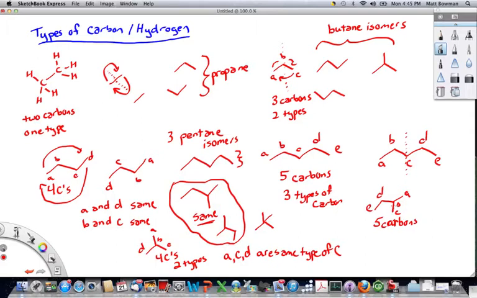A and C are actually the same type of carbon. We have 4 types. And the last pentane isomer has only 2 types of carbon.